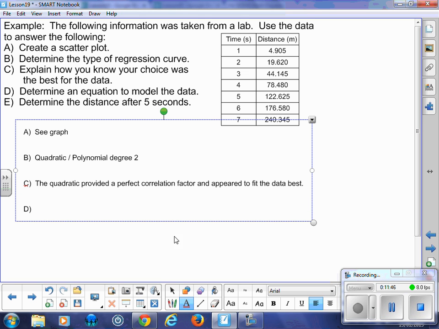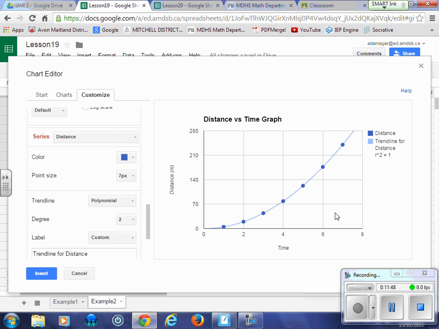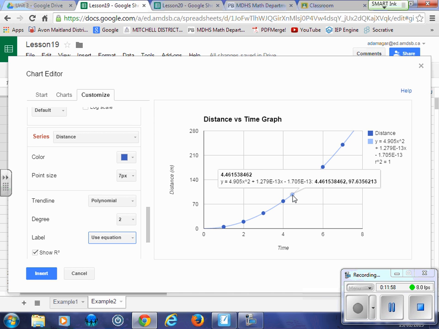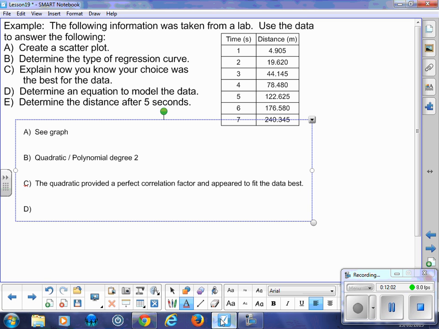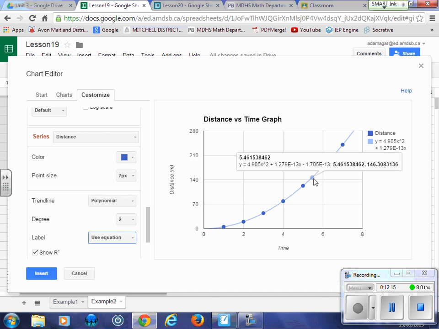D, your equation. And like I said before, don't hit insert until you get your equation, because if you label it using equation, it's tough sometimes to get the information. Now that's not too bad, but I'm going to just pull it off of here. So it looks like 4.91x squared. So y equals 4.91x, I don't have a superscript button, so x squared, plus 1.279 e to the exponent negative 13.